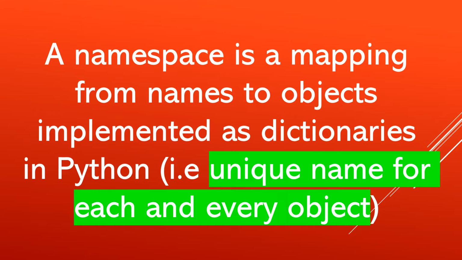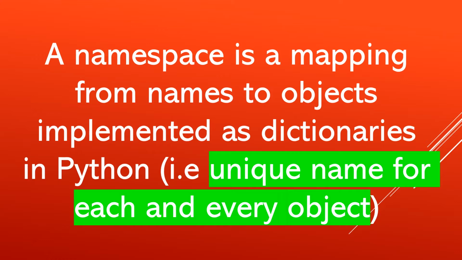So, a namespace is a mapping from names to objects implemented as dictionaries in Python, which means a unique name for each and every object. As you know, Python dictionaries have key-value pairs. The keys are unique, so we cannot find two keys that have the same name in Python.